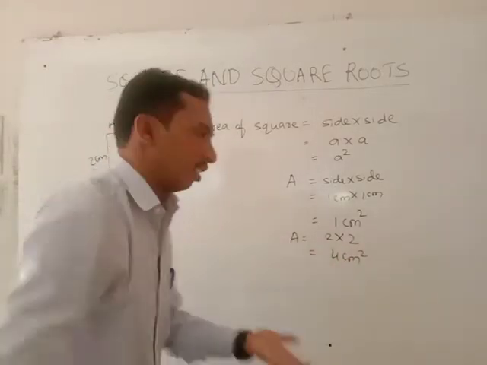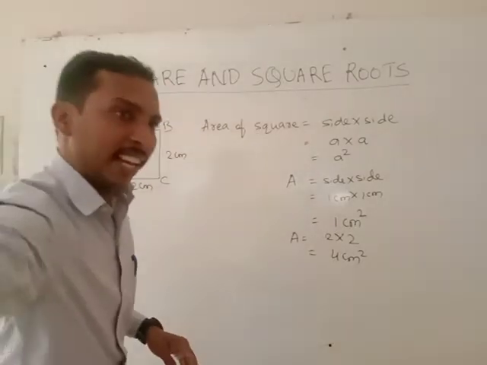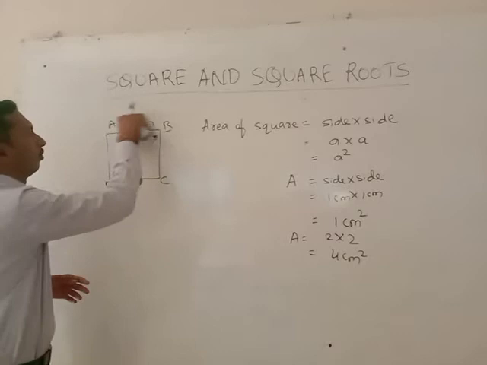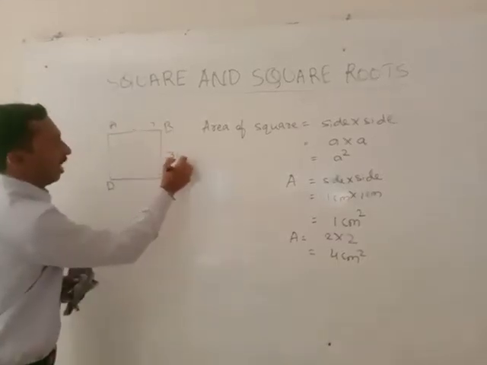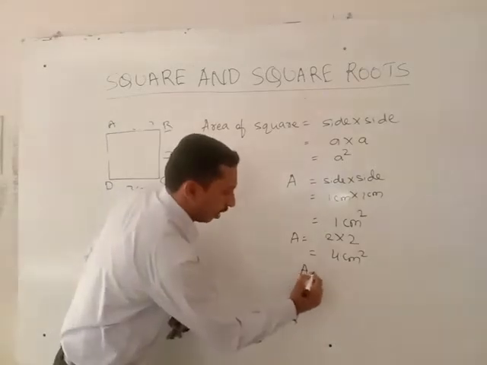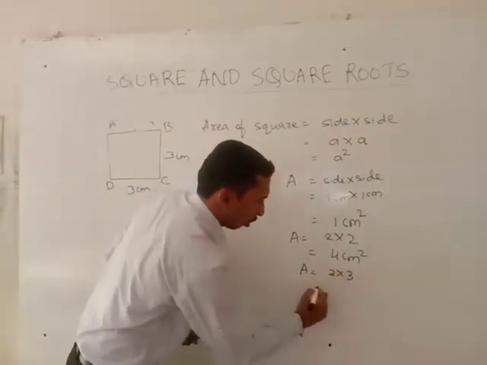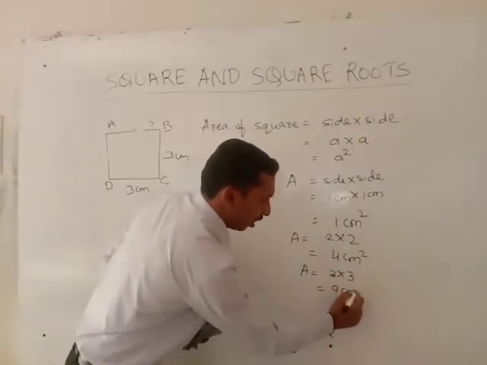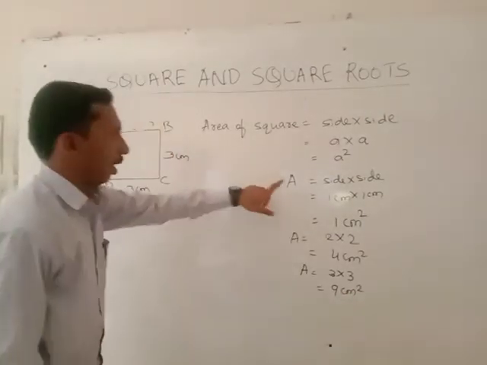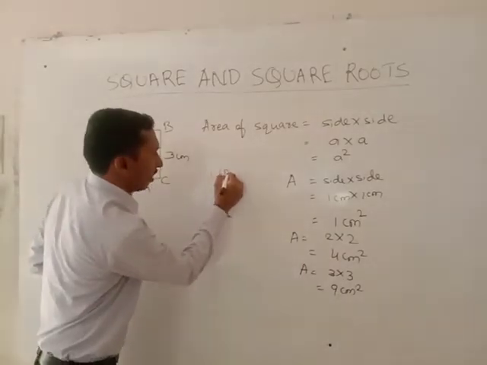Again, if I take 3 in place of 2, what will you get? Here it is 3 centimeters. Now the area will be 3 into 3, which equals 9 square centimeters.